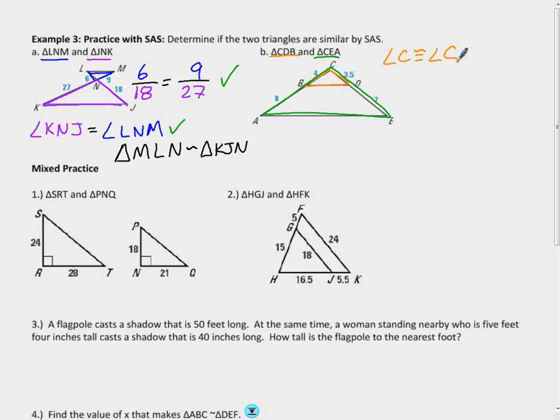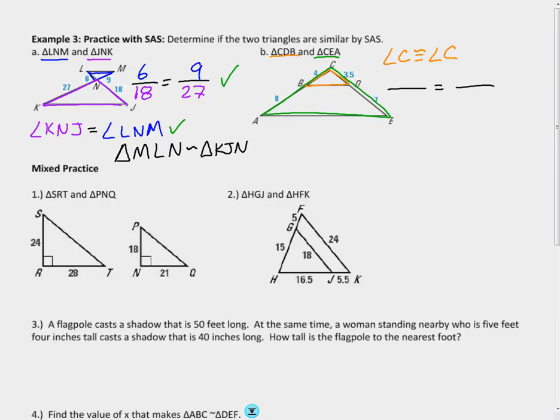Also, I need to show proportionality. So I have some sides here. Look on the orange triangle. What's the smallest? Not by much, but which one's smaller? 3.5. The other side is 4.